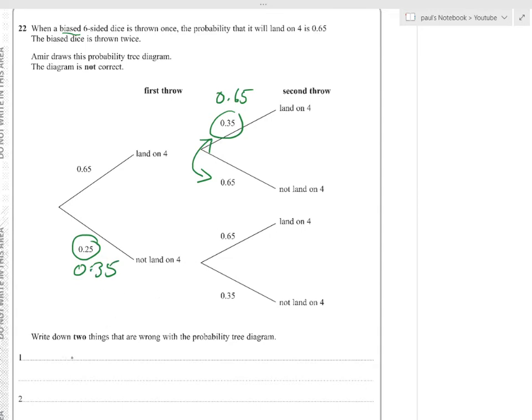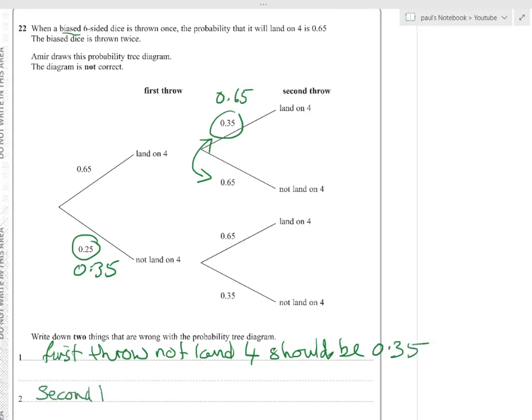So write two things down. First throw, not land on 4 should be 0.35.